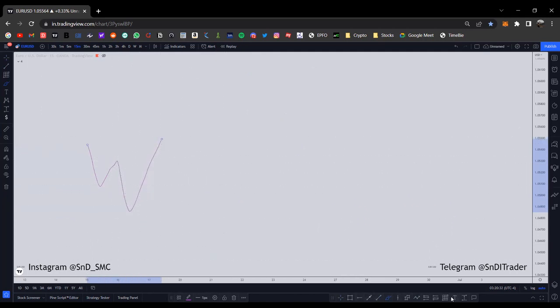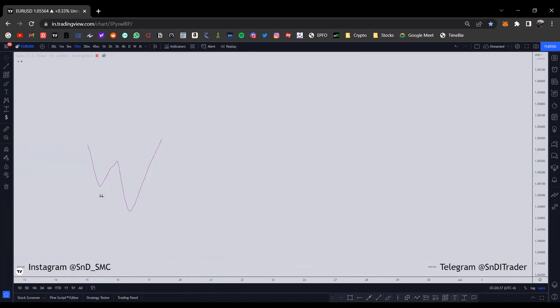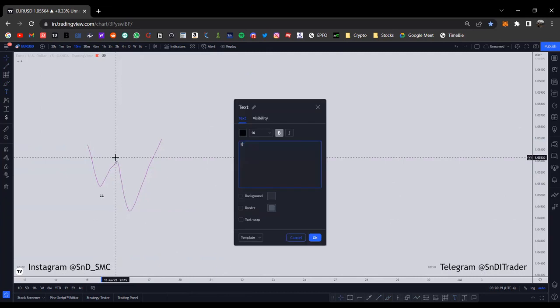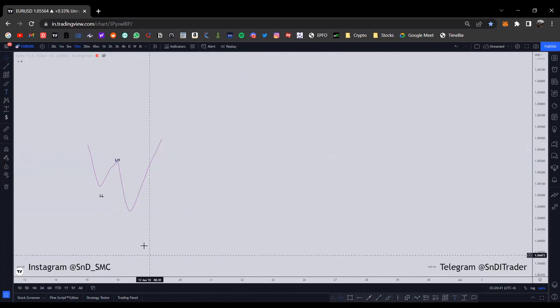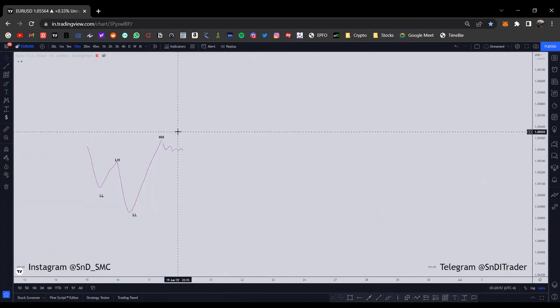So you see, we have the formation of a lower low, lower high, and another lower low, and we have the formation of a higher high. Okay, so after breaking this lower high, now we know this is the formation of QML.